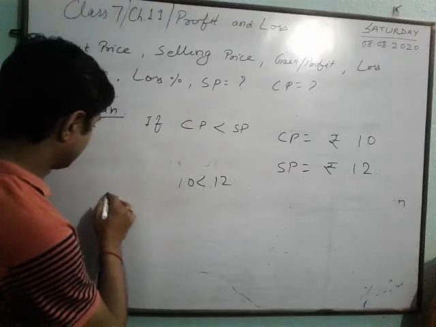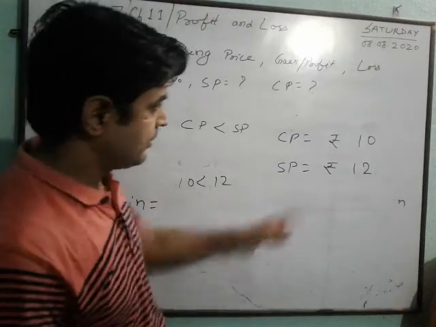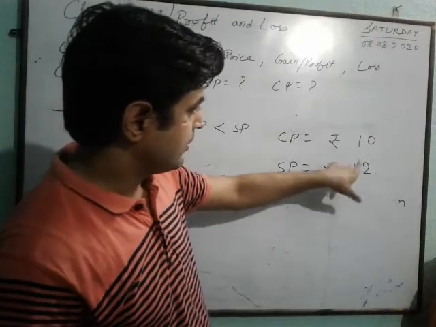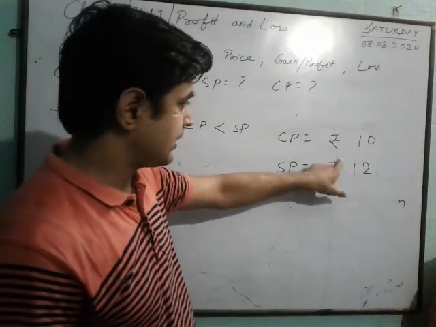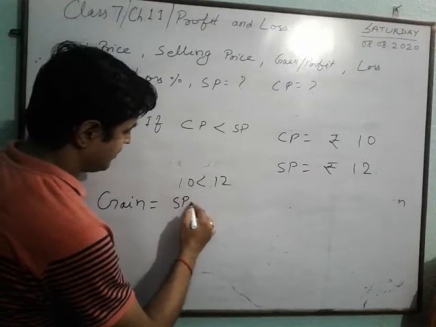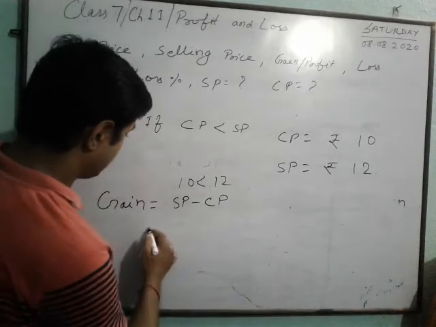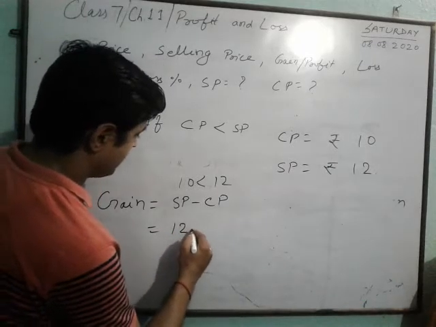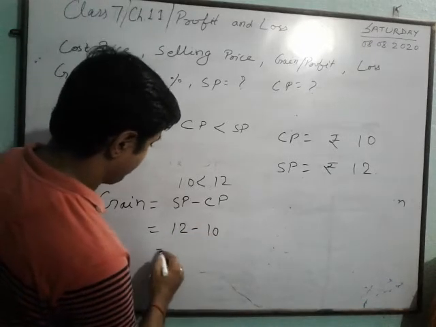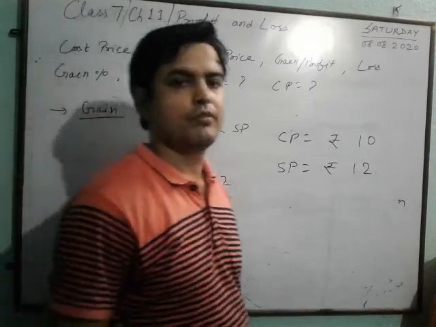The formula for the gain is, this is the case of profit, gain equal to SP minus CP. So let us calculate here. SP is rupees 12 and CP is rupees 10. So here we have gain of rupees 2.